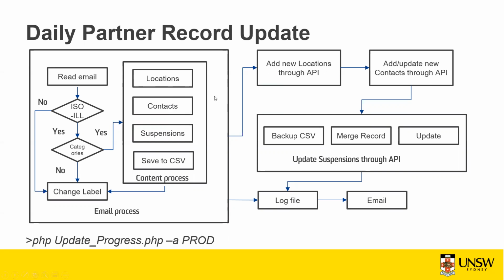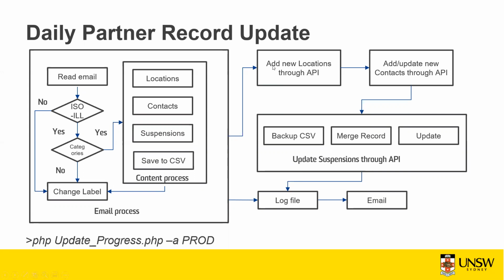When all the content has been processed, we save the information into CSV data files. Then we relabel the message as processed to prevent future processing when the script runs again. When all the emails in the email account have been processed, we go to the next step.